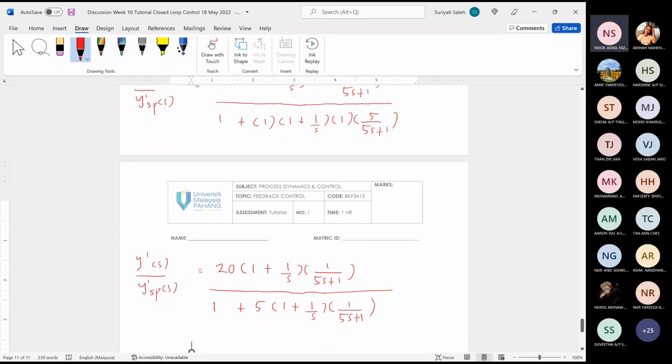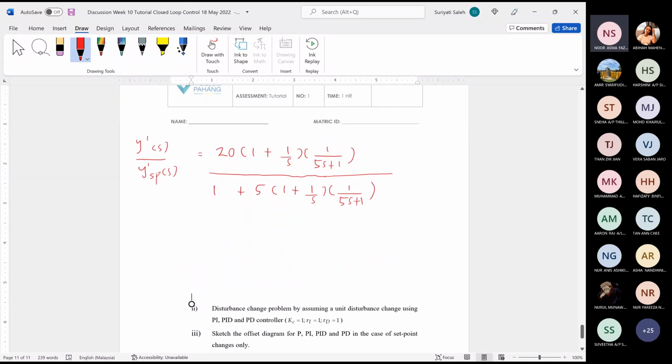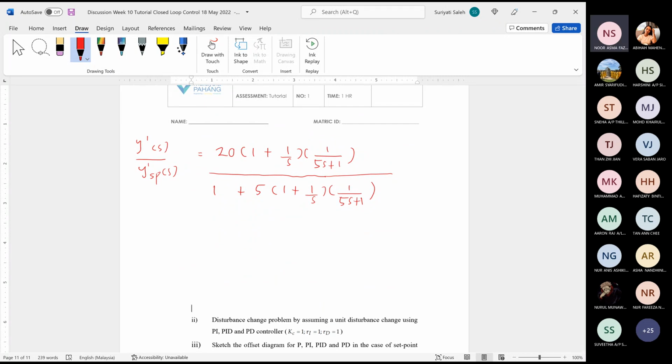In this case, just for your information, we don't need to do further expansion. It does not require you to expand and simplify the equation. If you leave it as it is, then it is okay. Normally, what I recommend is to just leave it as it is, because we want you to reduce mistakes.